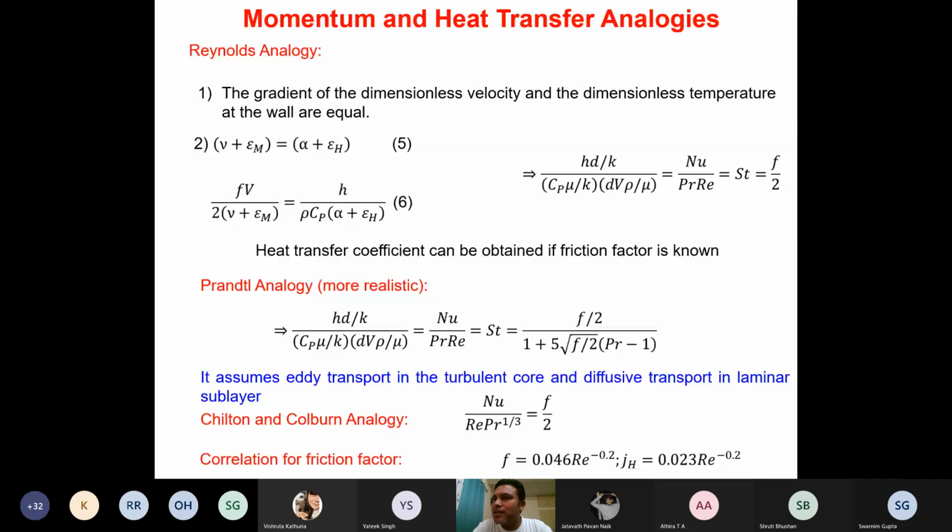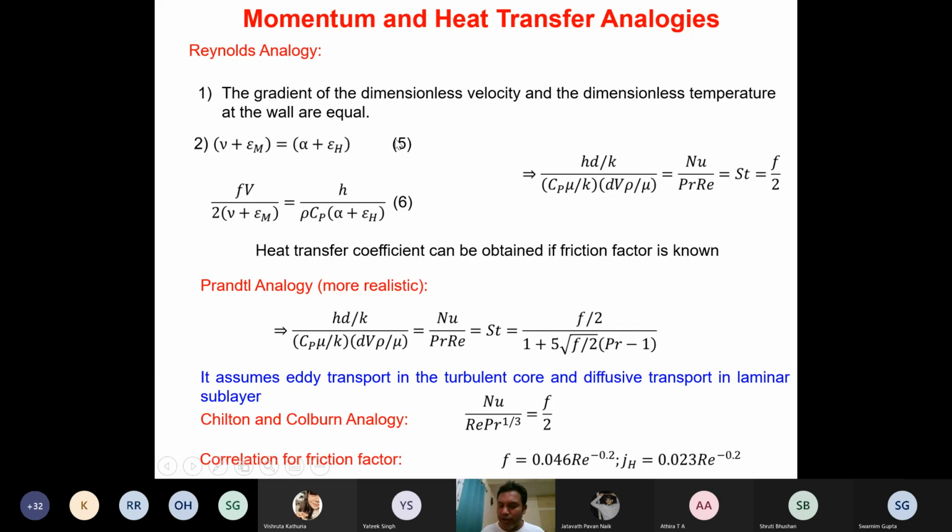Again, another thing which Reynolds assumed is that the summation of kinematic viscosity plus momentum diffusivity is the same as thermal diffusivity plus eddy thermal diffusivity. Both these are the summation of kinematic viscosity plus eddy momentum diffusivity. Okay, so that is given by equation number 5.